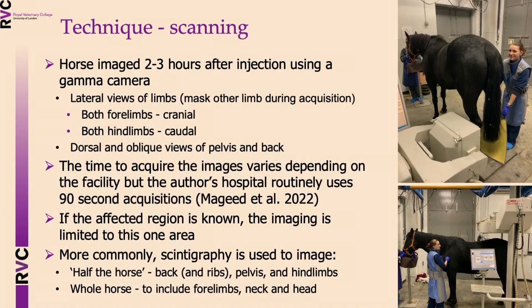For the limbs, we use lateral views predominantly, but we can supplement them from either the cranial aspect for the forelimbs or the caudal aspect of the hind limbs to get both legs in the same view.